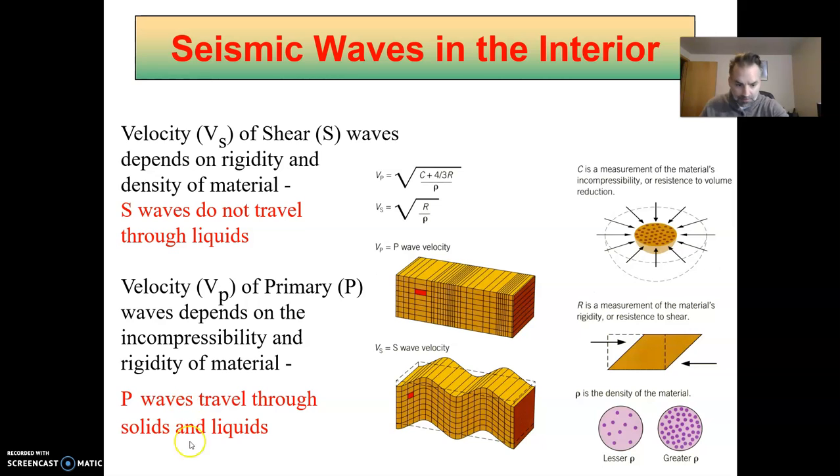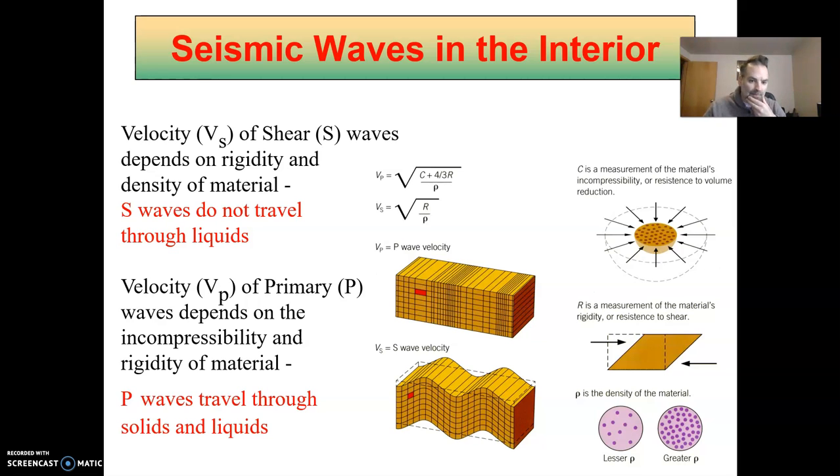Over here, this is important. I want you to understand that several things have to do with the rock properties. One, we have to look at the density of a material. Then R is a measurement of the material's rigidity, and that has to do with the resistance to shear. And then C is the measurement of the material's incompressibility, which has to do with the resistance to a volume change.